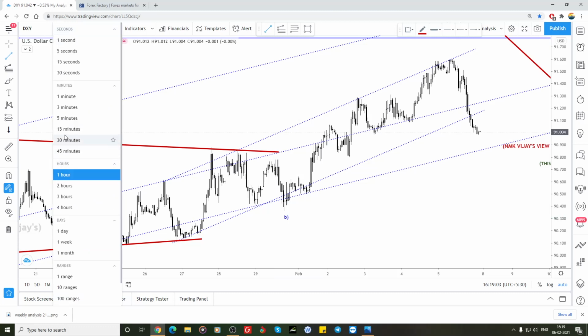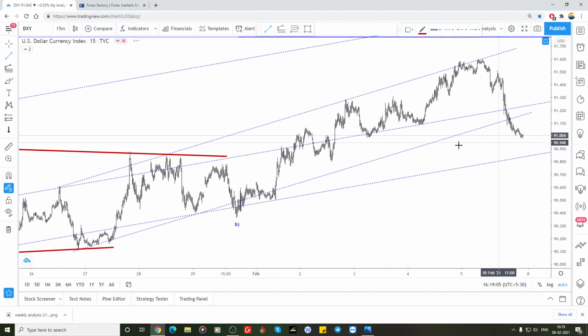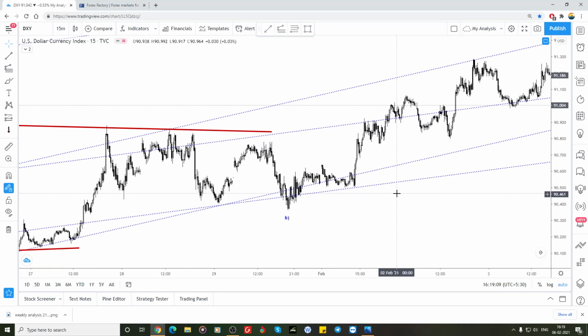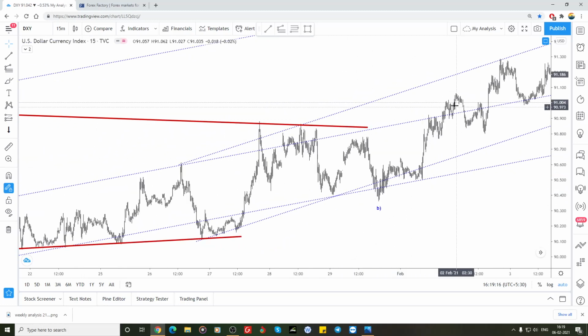I will show you in 15 minutes. Here this could be a leading diagonal, and here it's one more wave count.